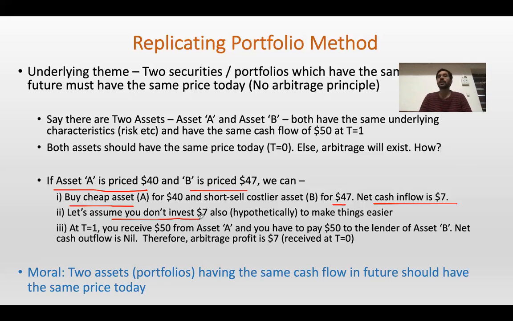All right, now let's say we reach t equal to 1. At t equal to 1, both these assets will have a payoff of $50, right? So now I have asset A with me. Let's say the asset A has matured at t equal to 1. I will be receiving $50 face value with regard to asset A that I'm holding.